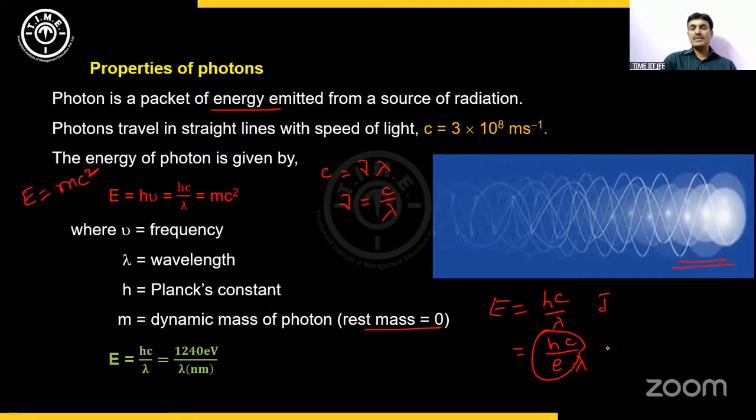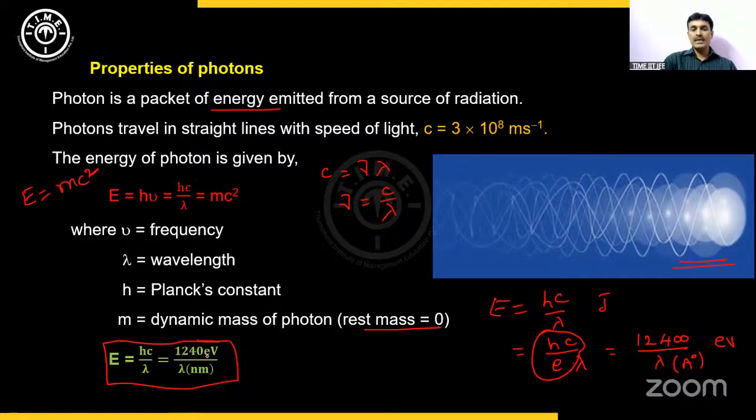Substituting these values and simplifying, you'll get it as 12,400 by lambda, measured in angstrom unit. That energy is in electron volt. Or if lambda is in nanometer, then it would become 1240 by lambda, as given here. Lambda is measured in nanometer.